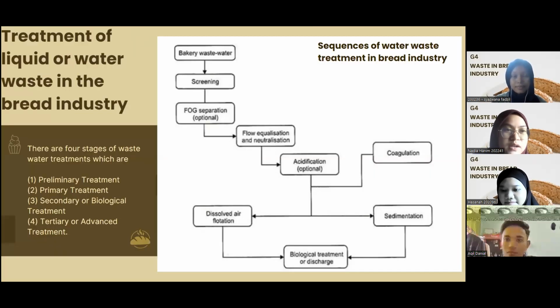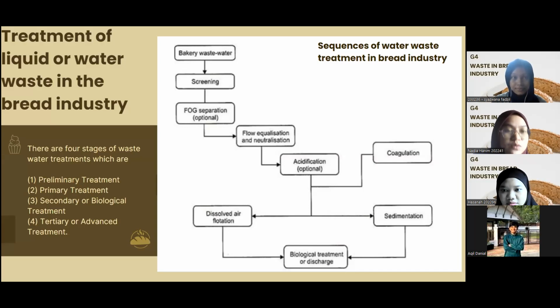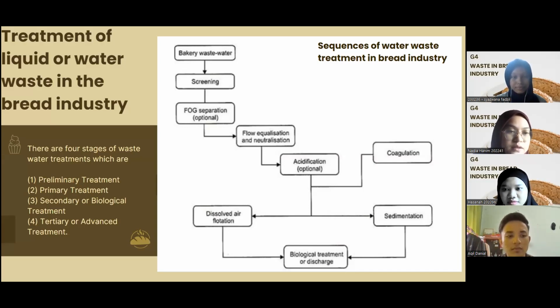So for the liquid or water waste in the bread industry, there are four stages of wastewater treatment, basically in many industries, which are preliminary treatment, primary treatment, secondary or biological treatment, and tertiary or advanced treatment. For the bread industry, we only include three stages, which are preliminary treatment, primary treatment, and secondary treatment.